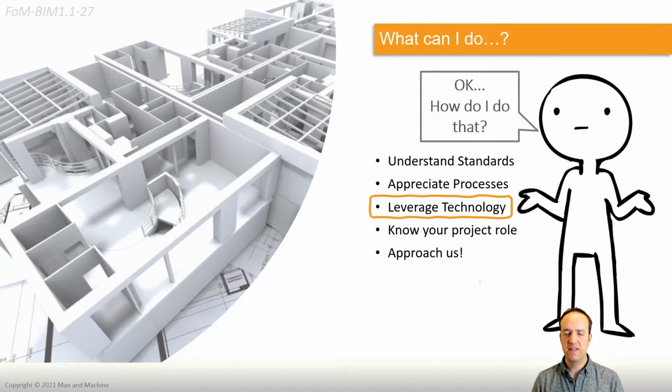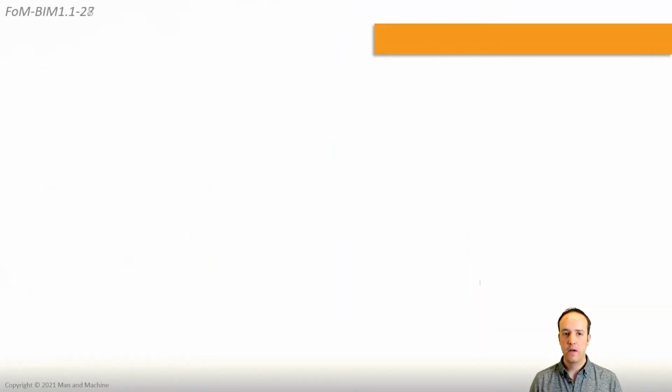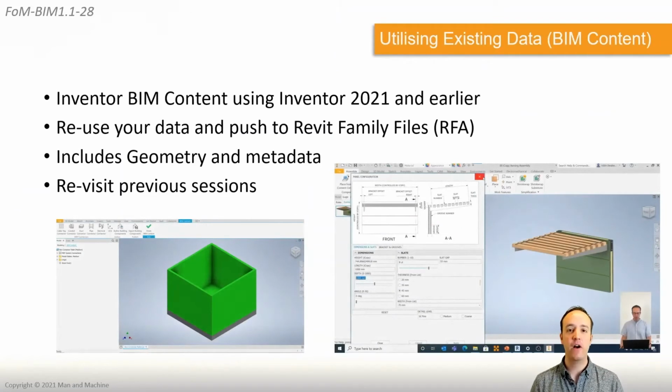So this leverage technology bit, I guess the sexy part of my presentation, the bit that you probably all want to see and get me to stop talking about standards. I'm going to focus on one specific area, but before I do that, I want to do a throwback to what we did last year in October and earlier this year for our virtual summit events, where we focused on the BIM content creation tools inside of Inventor.